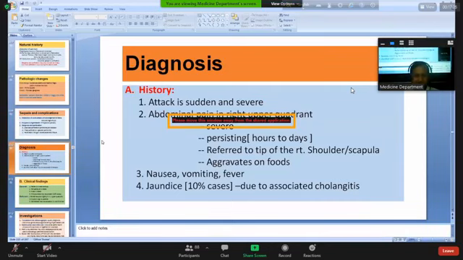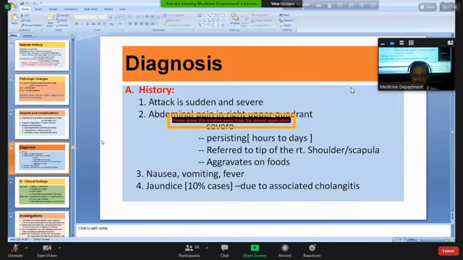Here the patient is almost all right. Suddenly he or she develops severe pain in the upper right abdomen. This pain is very characteristic, severe enough to keep the patient in bed. The patient goes to rest. He or she cannot do normal activities or work with this pain. Pain is so severe.